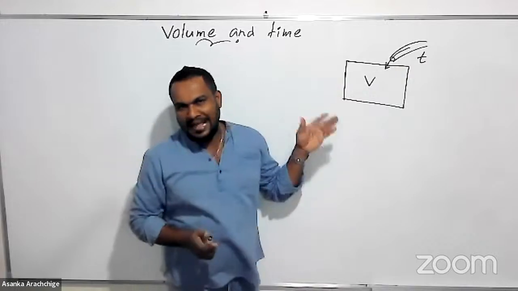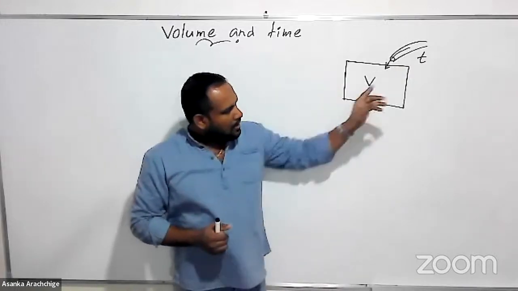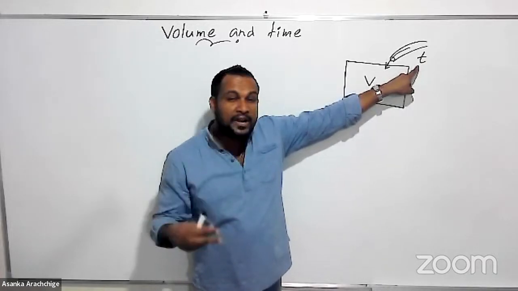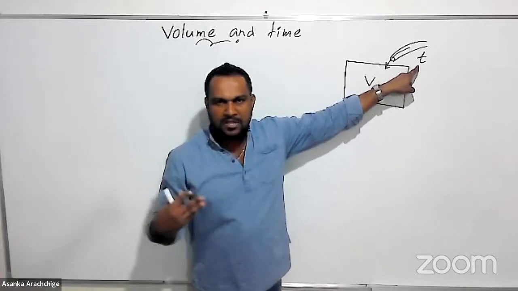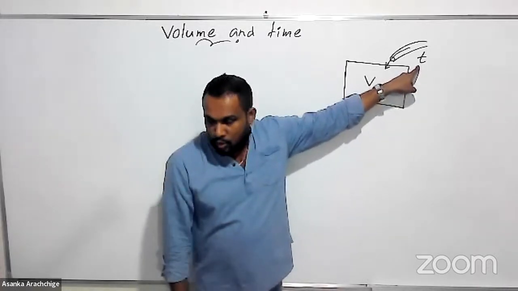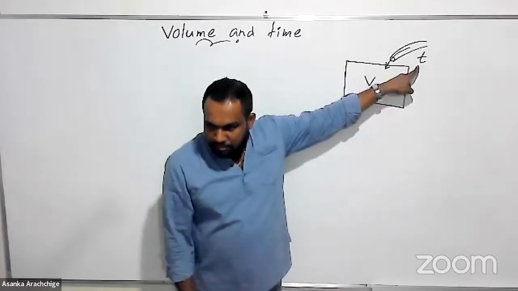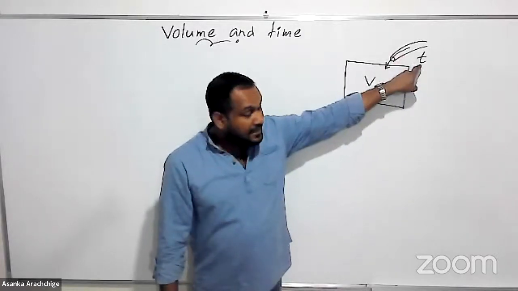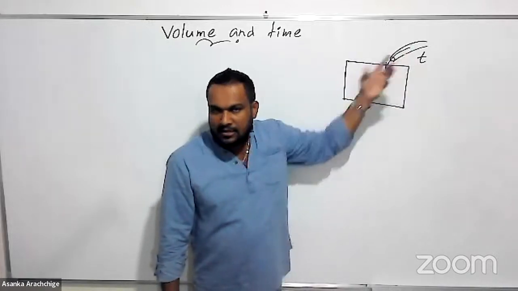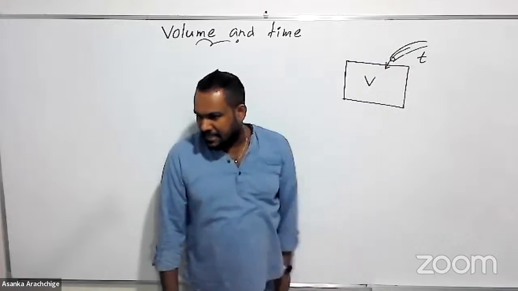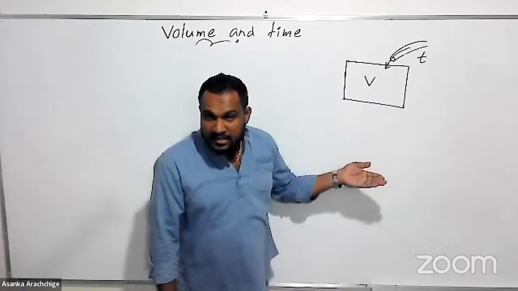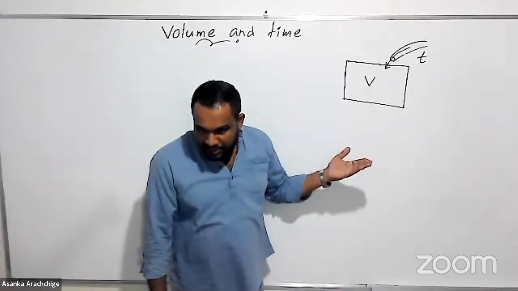Time can be measured in any unit. It can be minutes, seconds, hours or any unit of time. The pump takes t units of time. It can be t seconds or t minutes or t hours as well.